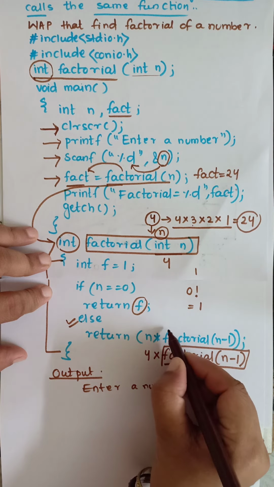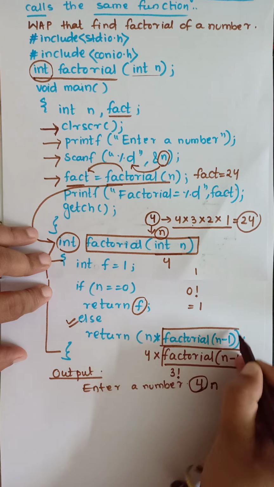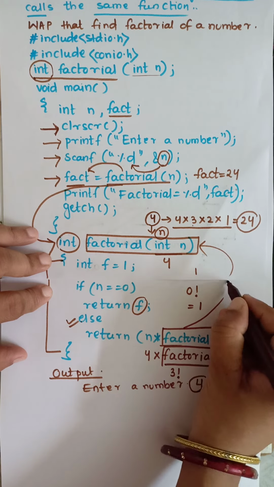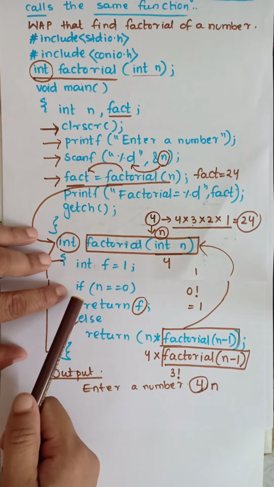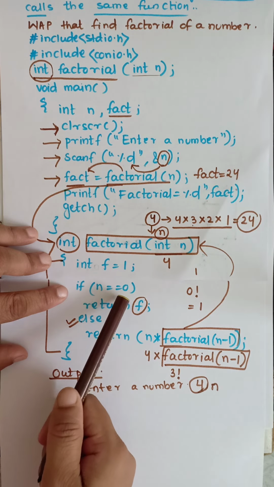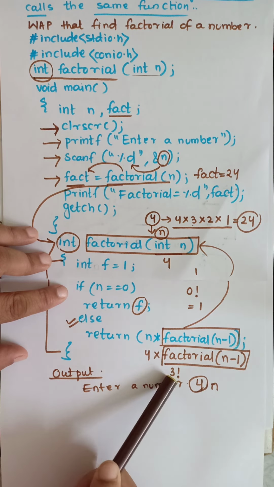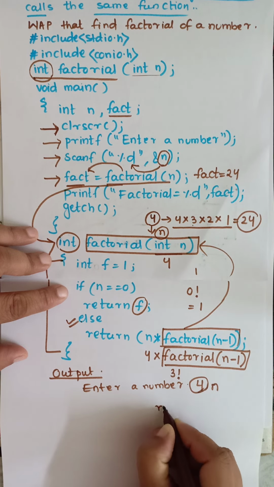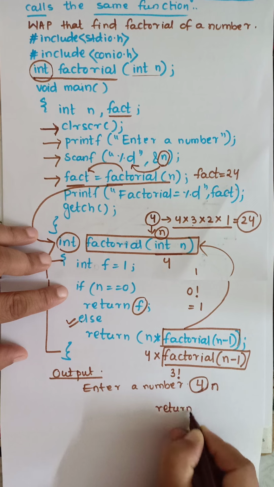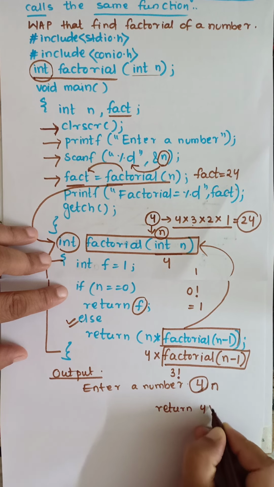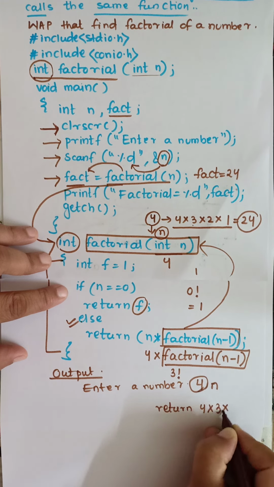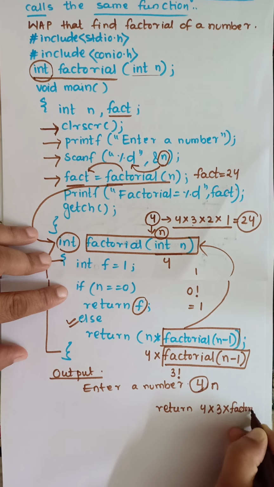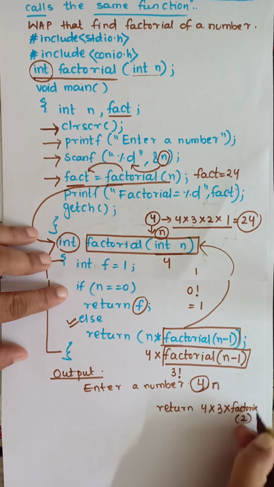So now in this line again our compiler comes to this line. Okay, again now it checks if n equals 0. No, my n is now 3. So now come to the else part. So next it returns 4 into 3 into factorial 2.